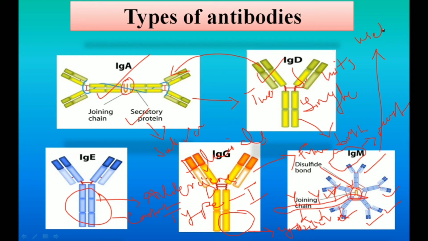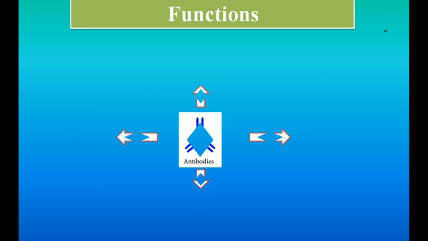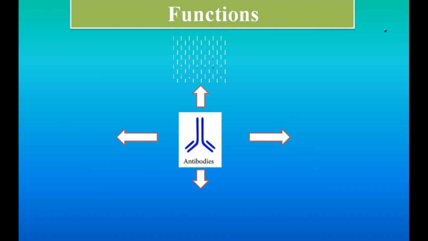Now coming to the functions of the immunoglobulins or the antibodies, the main function is to recognize the antigen. You know, antigens are the foreign substances that are capable of activating an immune response.